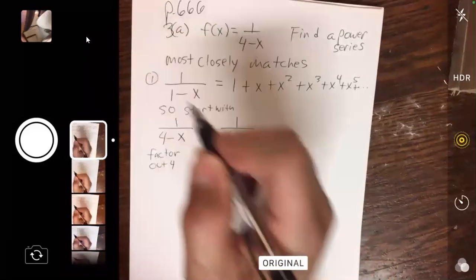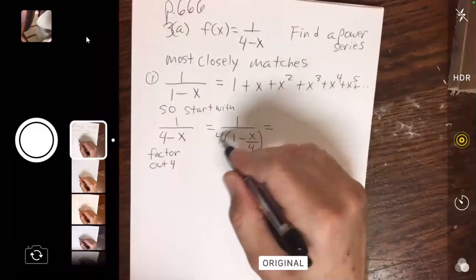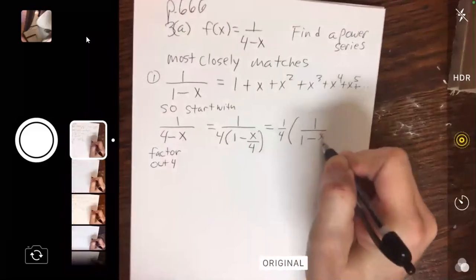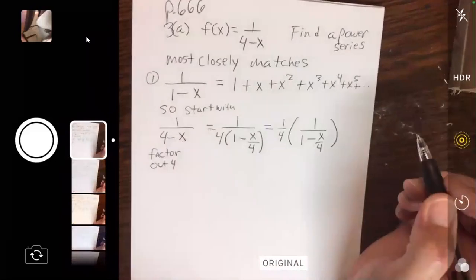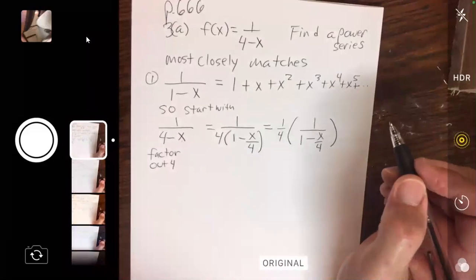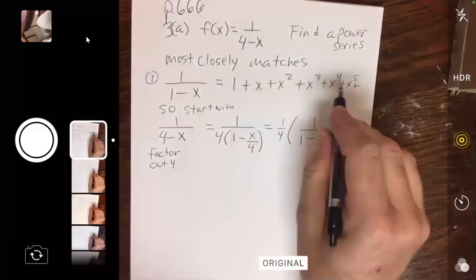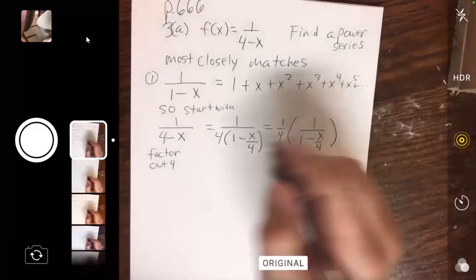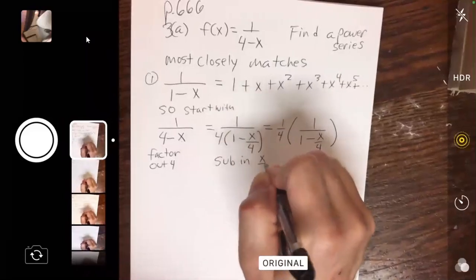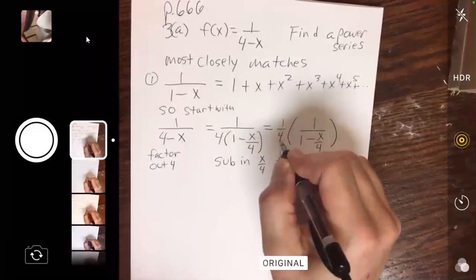Remember, that was what I called that formula 1. Make it really more obvious. I'm going to separate out the 1/4, big parentheses, 1 over 1 minus x over 4. Now, you see how I can match this to this? All I have to do is sub in x over 4 for x and put a coefficient of 1/4 on it.